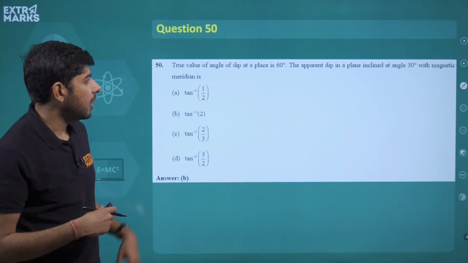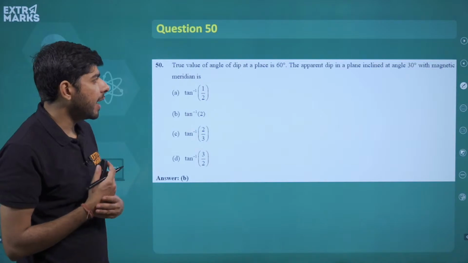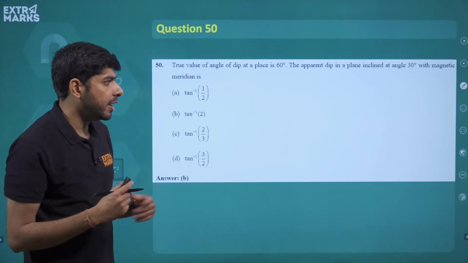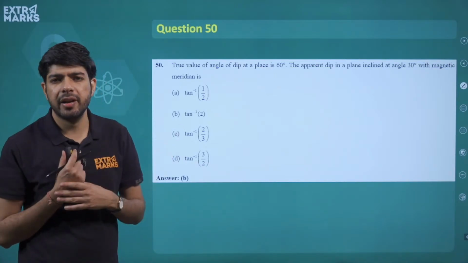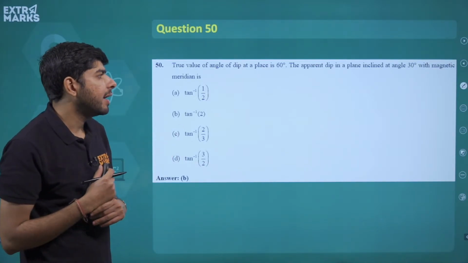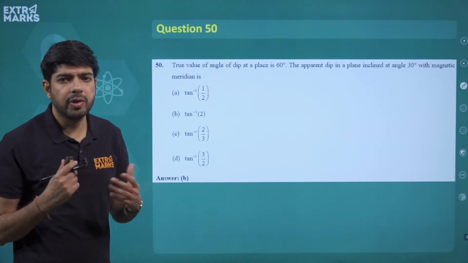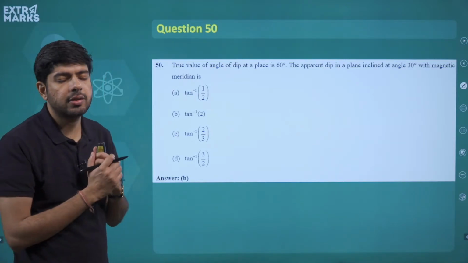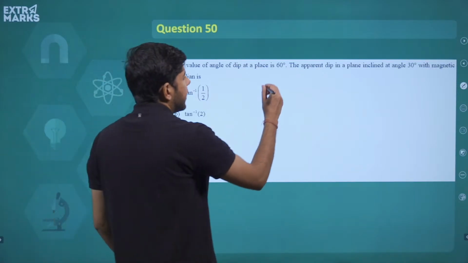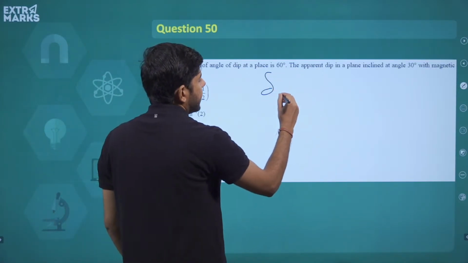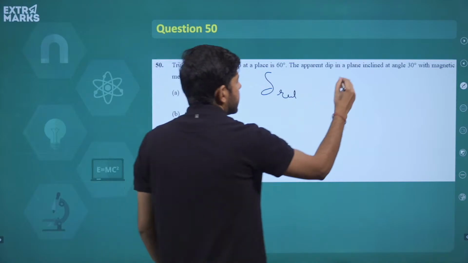Alright, final one. The value of angle of dip is 60, apparent dip is at angle 30. So how do we find apparent dip and actual dip? What is the relation? So guys, this is a little bit memory based, we need to remember this one. Let's say this is D, the real dip, and this is D apparent.